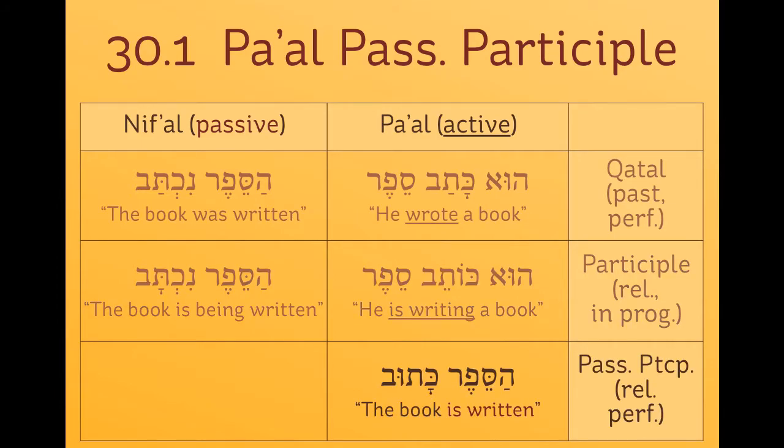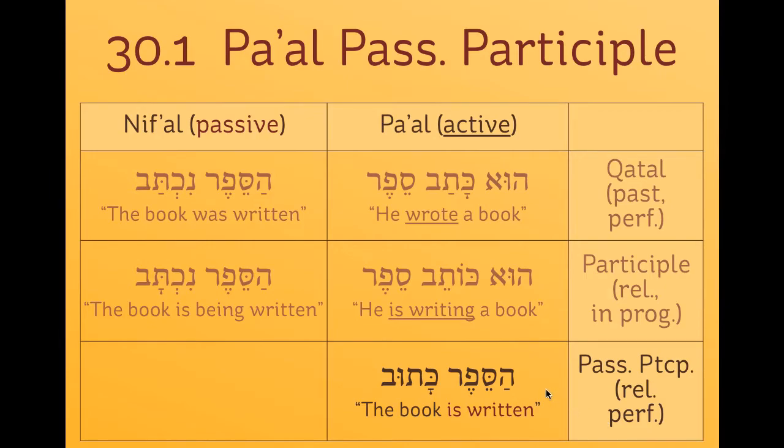All right, and here is the Paul passive participle. Here's how it works. So it's passive, and in that sense, it's like nif'al verbs. It's a participle in that it has relative time, so concurrent with the context, but it's like Qatal forms in that it has perfective aspect.